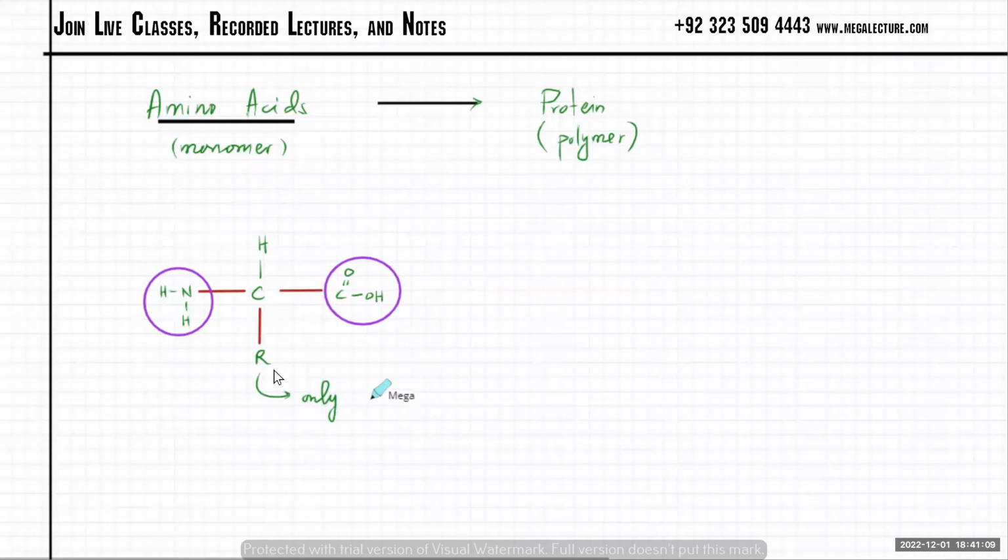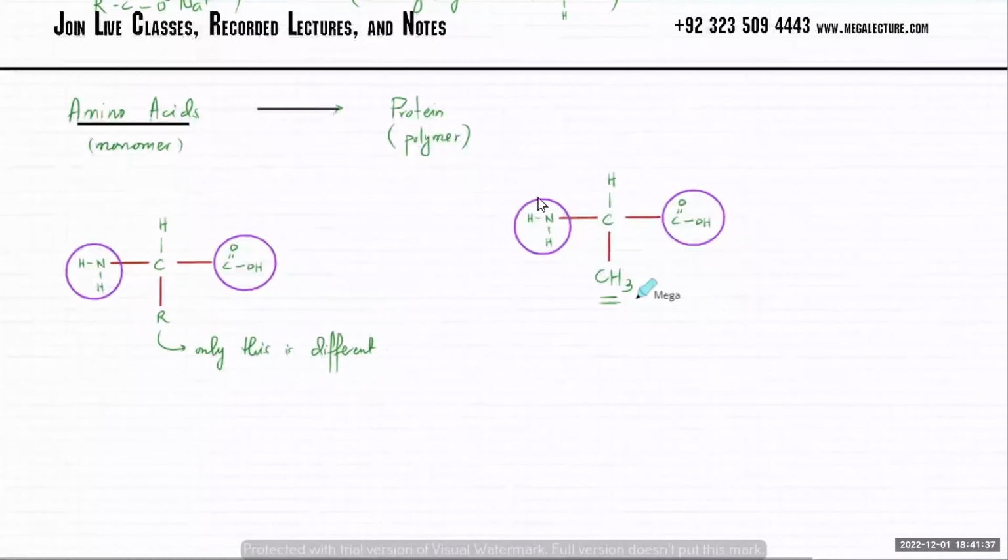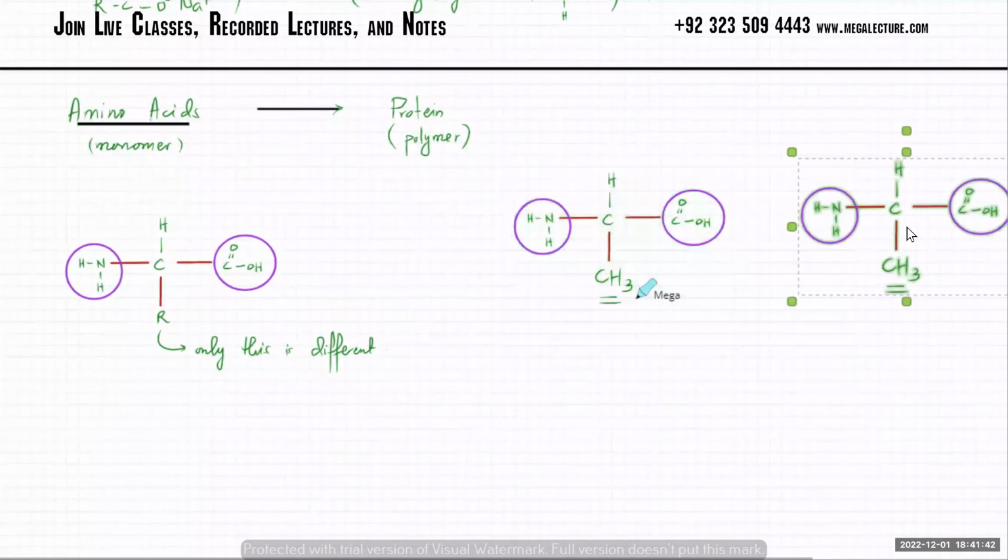Between amino acids only the R group is different, otherwise the structure is exactly the same. For example, let me give you examples of amino acids. If the R group is CH3, what is this one? Similarly, I'm just giving you examples, there would be another amino acid.